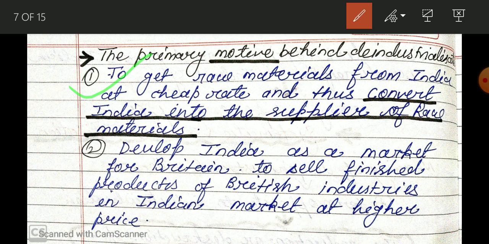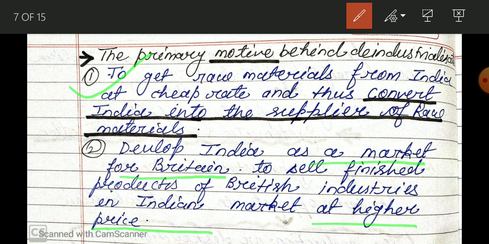The second motive is to develop India as a market for Britain, to sell finished products of British industry in the Indian market at a higher price.